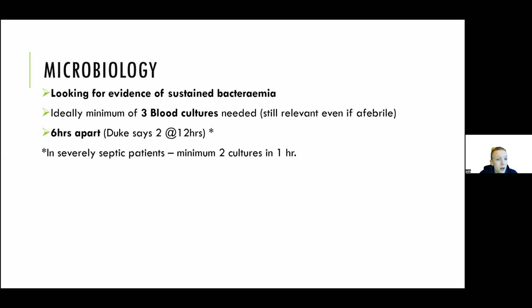So if we're thinking about the common organisms that are found, does anyone know? There's generally 3 typical organisms that we see in patients with endocarditis. Does anyone want to have a guess at what they think they are? Yep, strep viridans, somebody's mentioned there. There's 2 more.